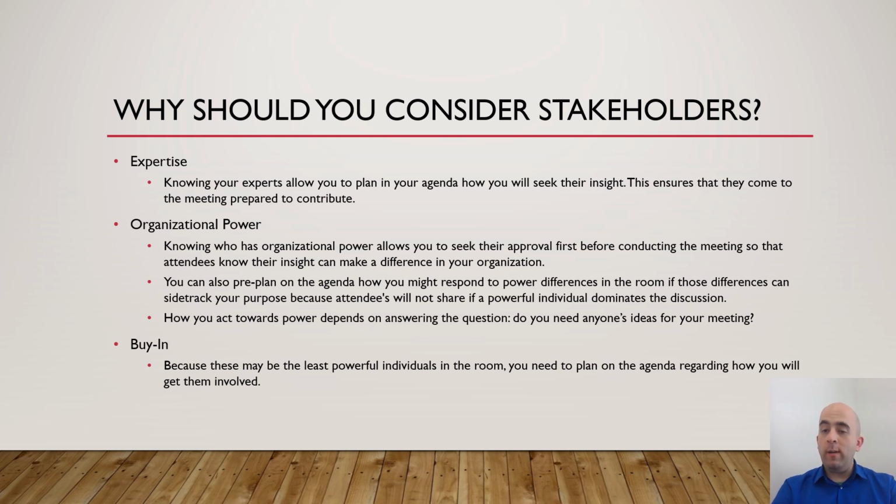Organizational power is a bit multifaceted and a bit more complex. On the first hand, organizational power allows people in the meeting to feel that what happens in the meeting will actually accomplish something, that it can actually be acted on.